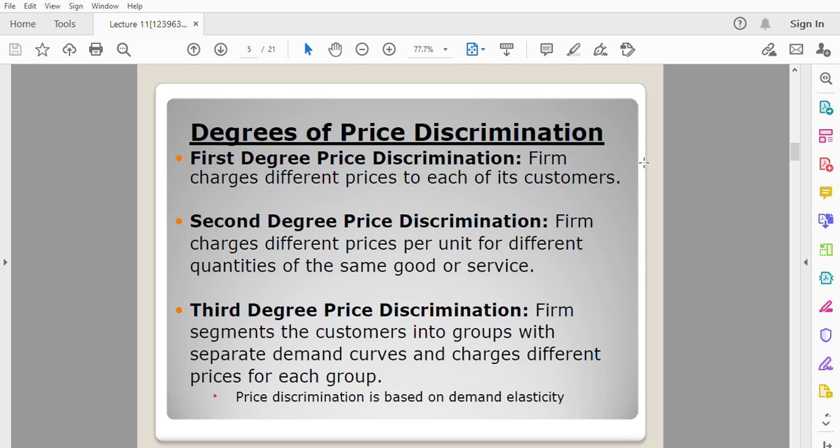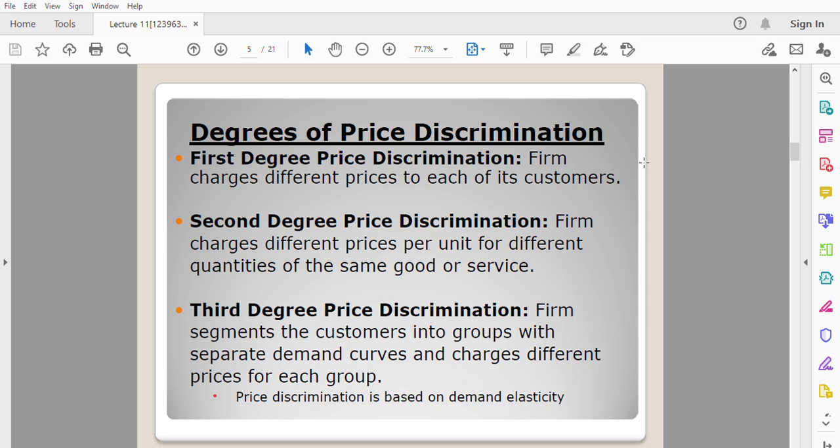So how much the first unit sold will cost will be different from how much the second unit will cost. And the third degree price discrimination, the firm segments the customers into different groups, so the firm will know the demand curves of the various customers and group them, then charge different prices for each group.